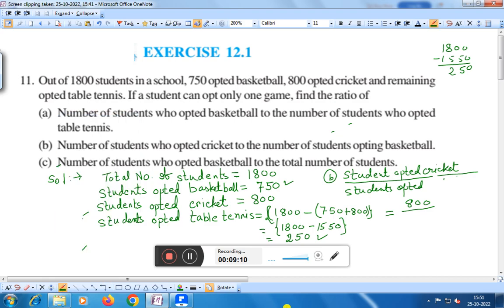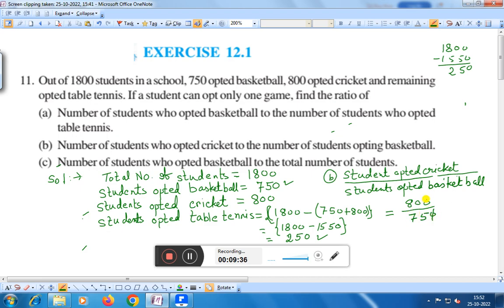Question B is the number of students who opted cricket to the number of students opting basketball. Therefore, for cricket it is 800 and for basketball it is 750.